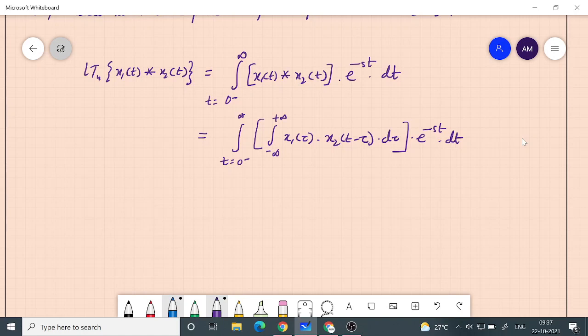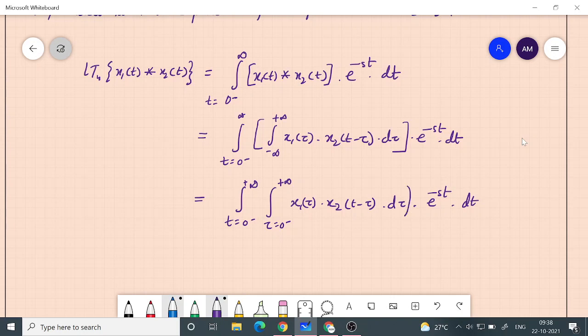So the integral t going from 0 minus to infinity, tau going from 0 minus to plus infinity, x1 of tau, x2 of t minus tau d tau into e raised to minus st dt.